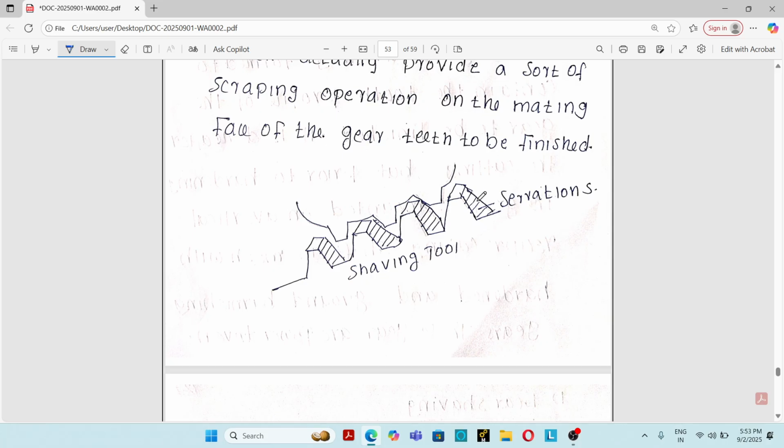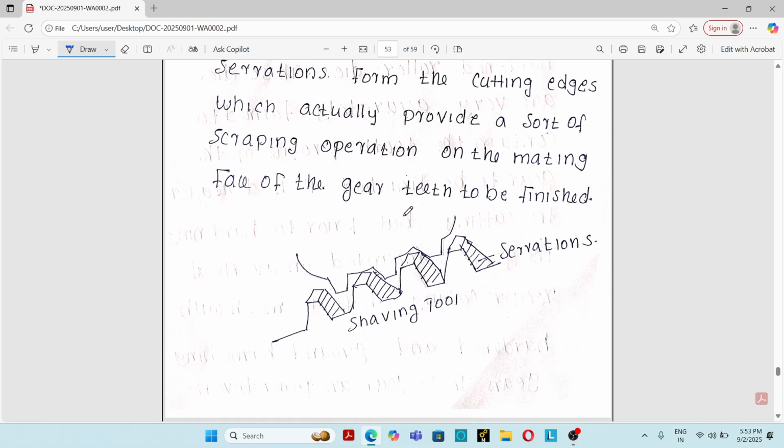The small grooves or serrations on the flank face of the shaving tool remove a small amount of material from the gear by scraping action, and the finish increases. So this process is known as the shaving process.